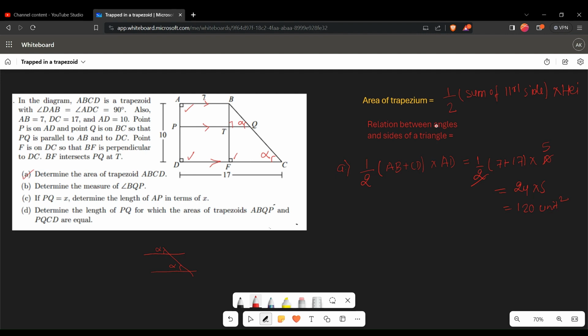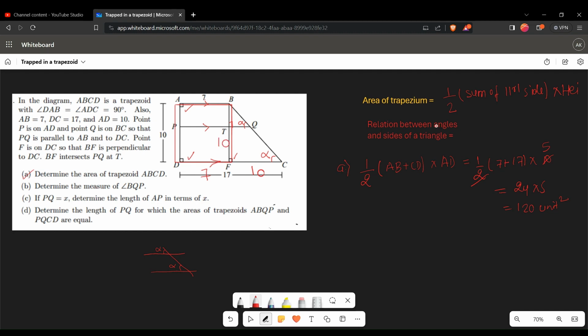Okay, fine. So we need to find the angle BQP, which is simply BCD since both of these are alpha. You can note over here that ABFD is a rectangle, so AB will be equal to DF, means this is 7, so FC will be 10, and since it's a rectangle AD will be equal to BF, so BF will also be 10.